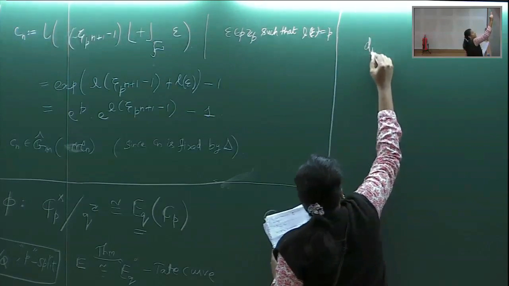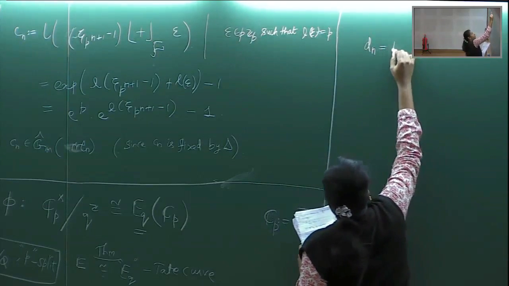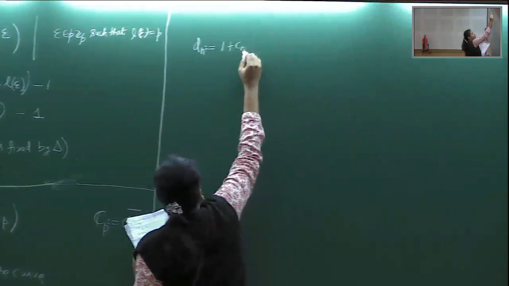This element D_n is defined as 1 plus C_n.